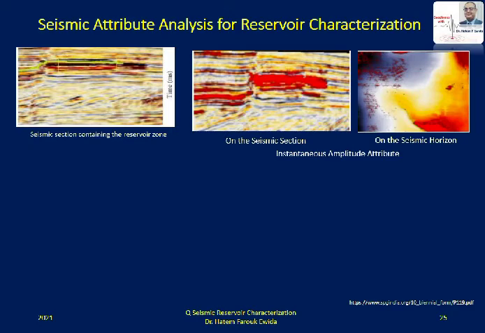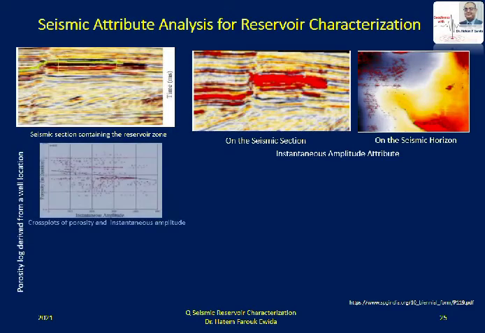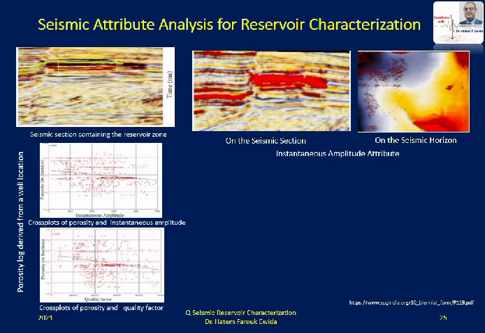After that, they got the porosity from some logs they have in the area, and they started to cross-plot porosity against the instantaneous amplitude. They have the instantaneous amplitude on this axis, and this is the porosity. They also cross-plot the porosity versus an attribute called the quality factor, to understand which attributes give them the better results.